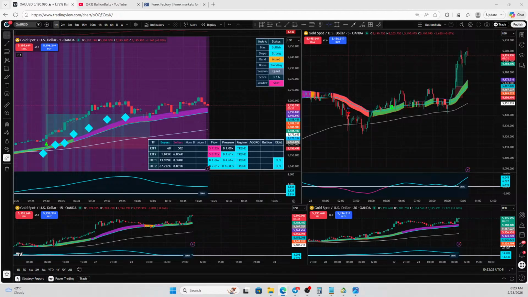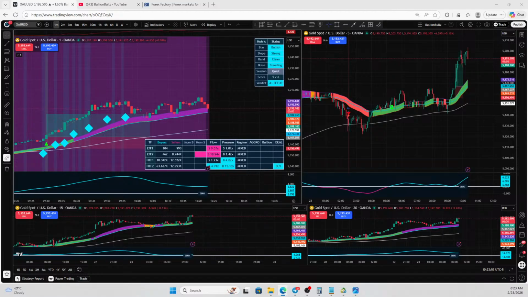And then we have high time frame 1, which is capturing volume of buyers that are coming into the market from almost 20 minutes to 30 minutes. And then high time frame 2 is your volume anywhere from 1 hour to 8 hours. And then we aggregate all that volume.